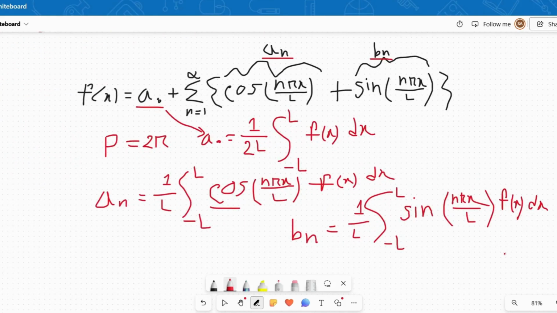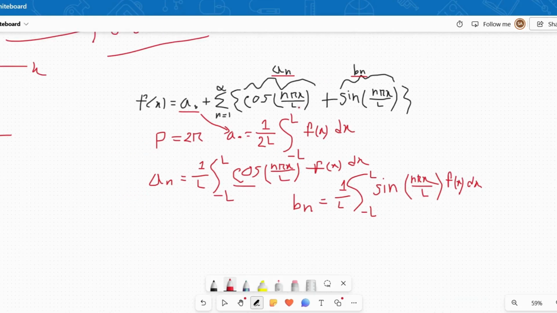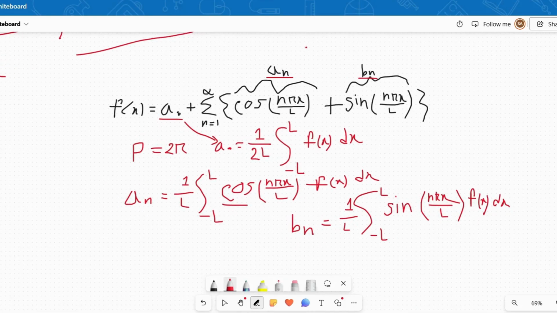So for an odd function, you do not calculate this value. We already know the equation for the Fourier series. So in conclusion, for an even function, we must calculate this value, and this part becomes 0.